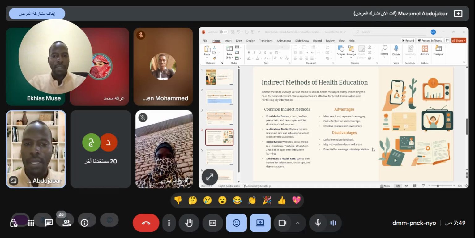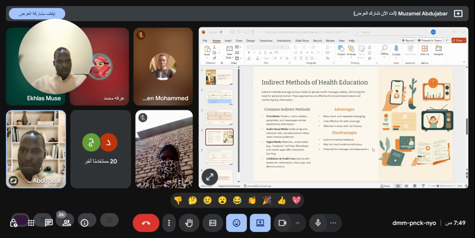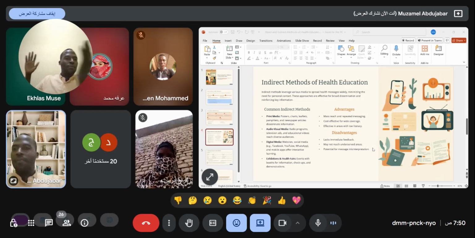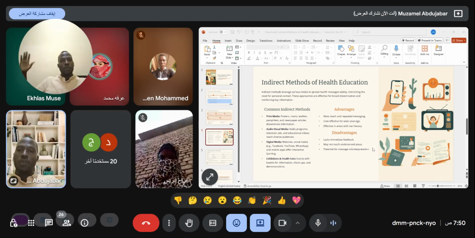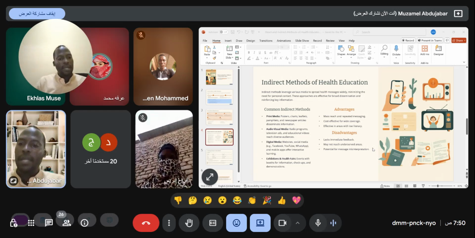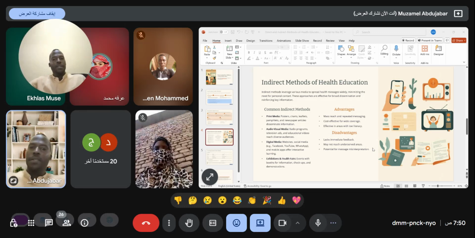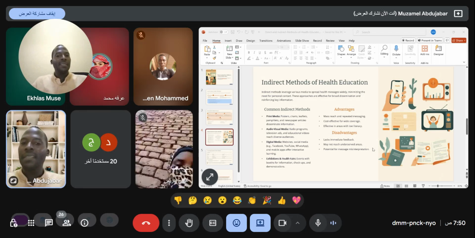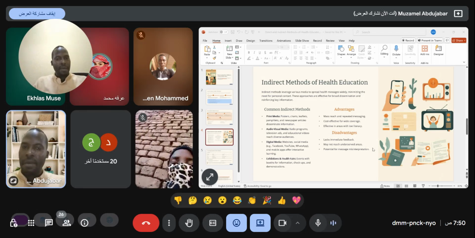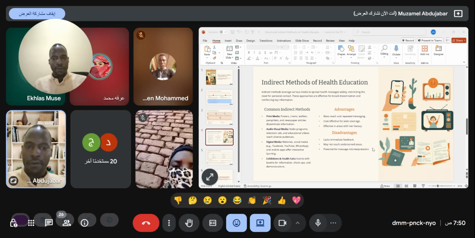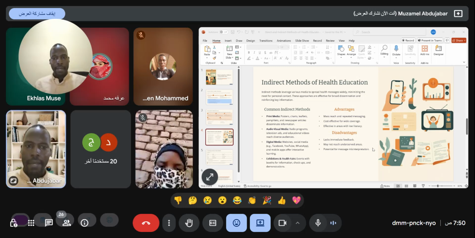This is called a leaflet. Additionally, a poster is a big poster. They put it at the main gate or main road. If you see in the city, it sends the message, clean your hands, like this. This is called the print media. This is one of the indirect methods.